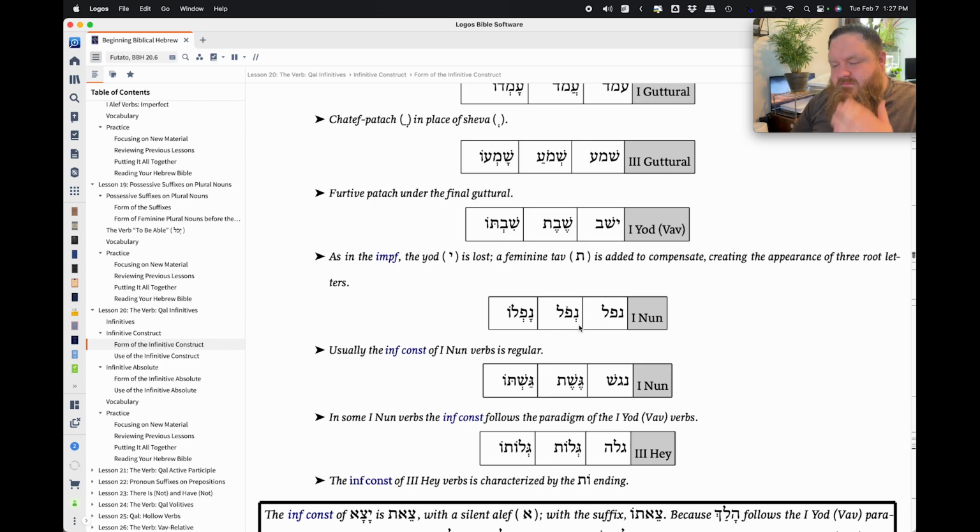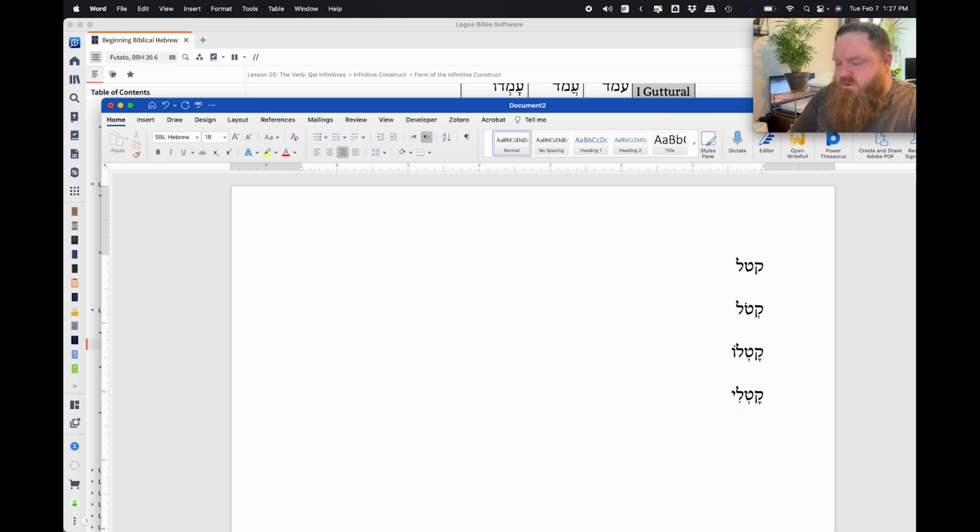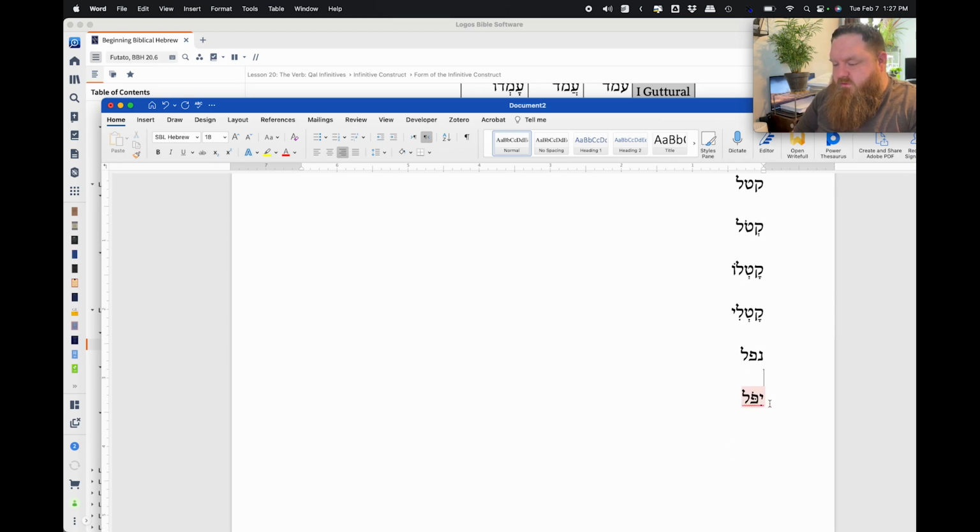But what's going on? Let's just write this out over here. So we have the verb nun pe lamed, which in the qal imperfect 3ms would be ye. That noon would assimilate into the pe. You get yippol. Okay, that's the form you would get in the imperfect.